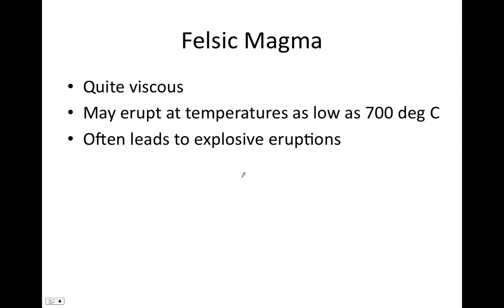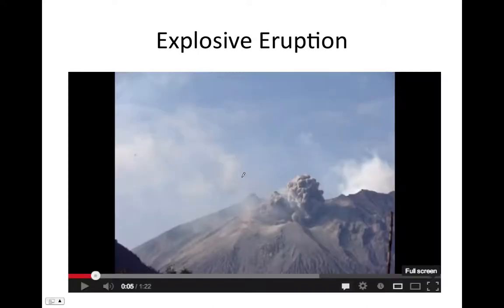Right, so felsic magmas are quite viscous because they have a lot of silica, and they can erupt at temperatures as low as 700 degrees centigrade, and because of their viscous nature, felsic magmas often lead to explosive eruptions. So this video on YouTube, if you click the hyperlink, just shows a little example of an explosive eruption.